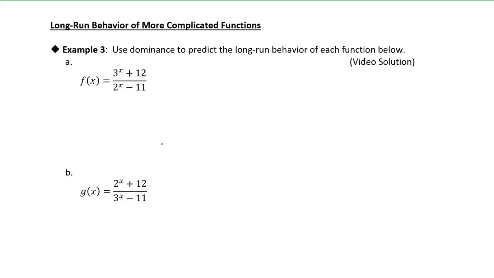So if we look at as x goes to positive infinity, then the numerator is 3 to the x, so 3 to the x and 2 to the x will dominate.